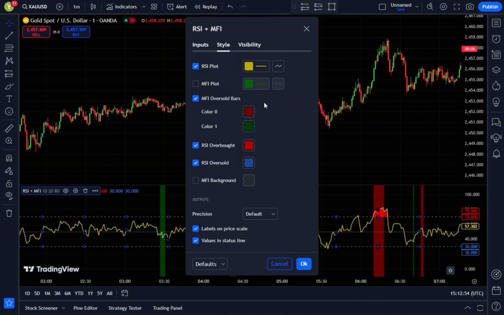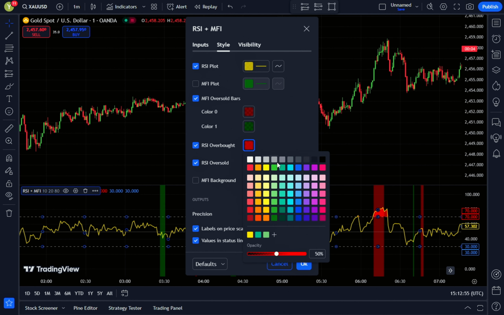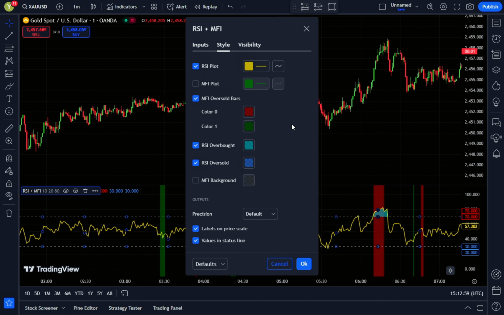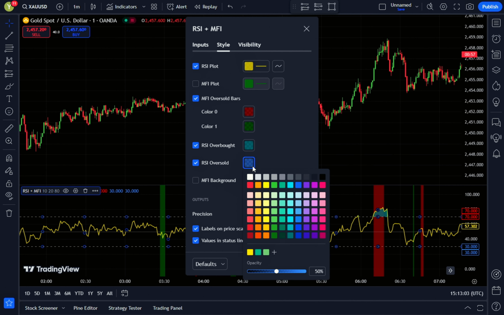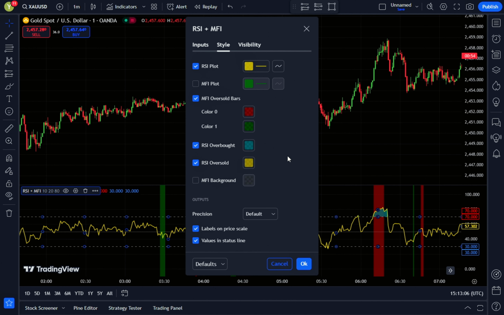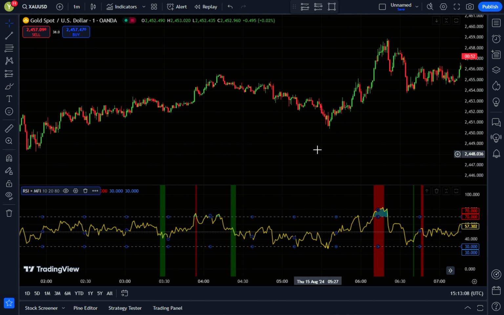To highlight overbought and oversold signals more clearly, change the RSI overbought color to navy and the RSI oversold color to yellow. This visual distinction helps in quickly identifying potential trade opportunities. Once you've made these adjustments, click OK to confirm the changes.